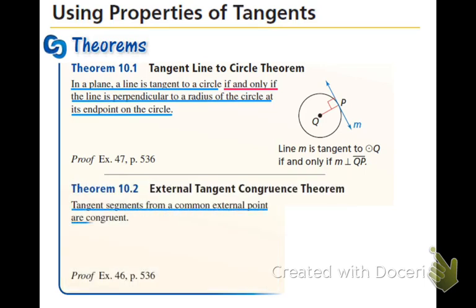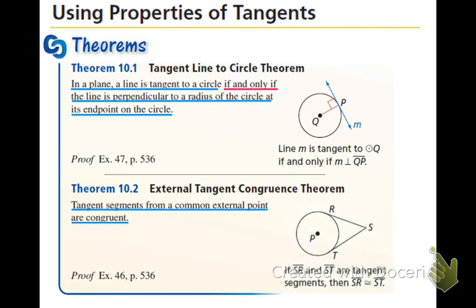Ready? Write down the title in bold, external tangent congruence theorem. The theorem says if 2 tangents intersect at one point, they're congruent to each other.